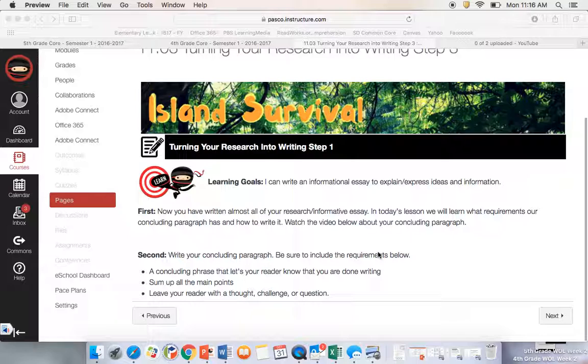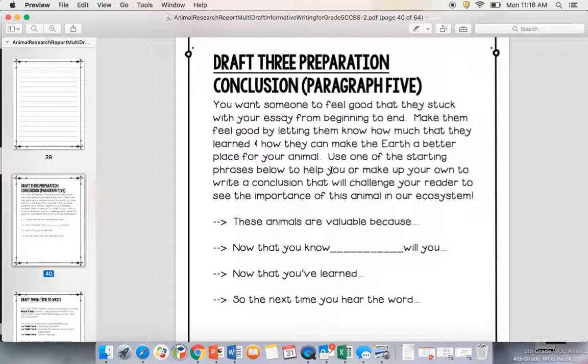So for your final paragraph, your concluding paragraph, the requirements were that it is a concluding paragraph that lets your readers know that you are done writing, that you sum up the main points, and that you leave your reader with a thought or a challenge or question. And so we're going to look at that a little bit. Here's some information for a concluding paragraph.